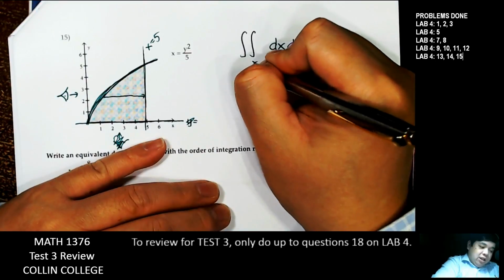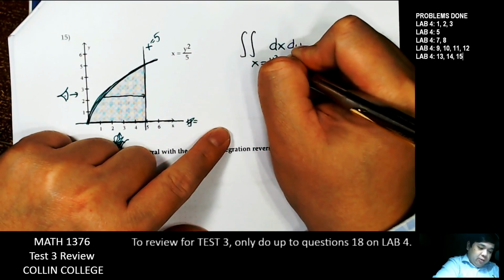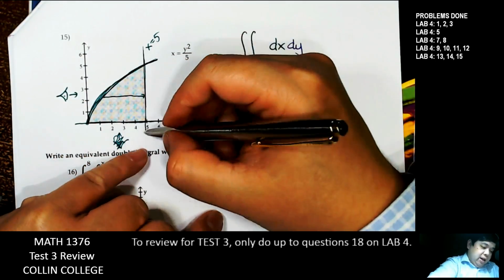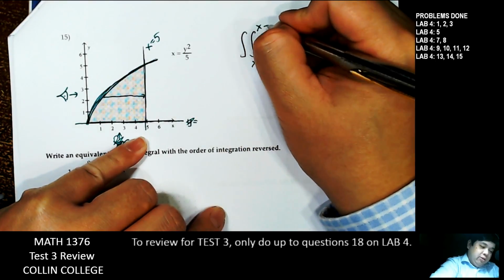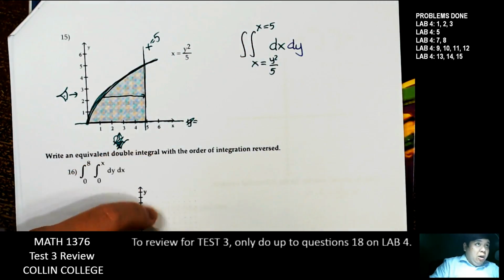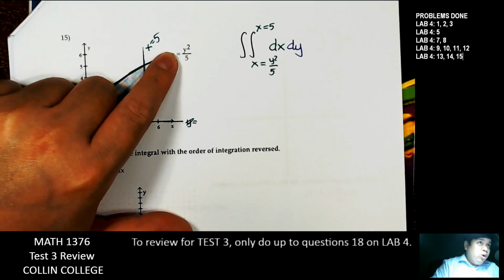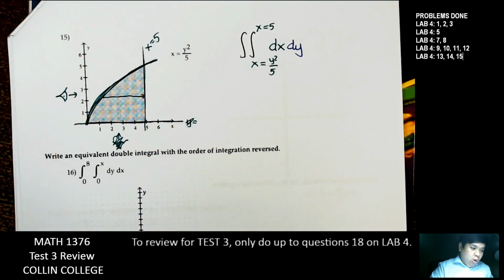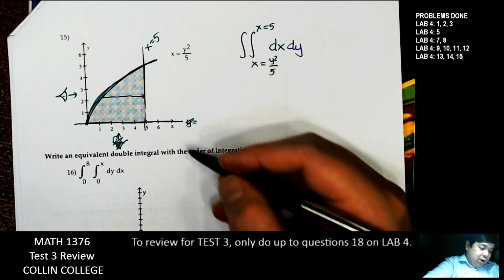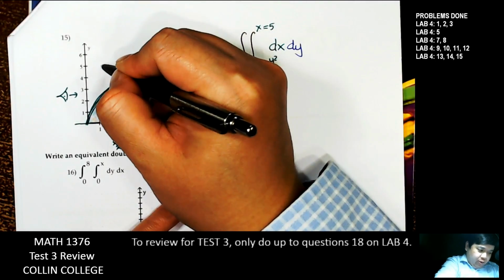So we go from x equal to the curve, and then x equal to 5. By the way, that should be the choice usually if we have the function of x. That's what we go with. On the outside, the y values look like we go from 0 to 5.